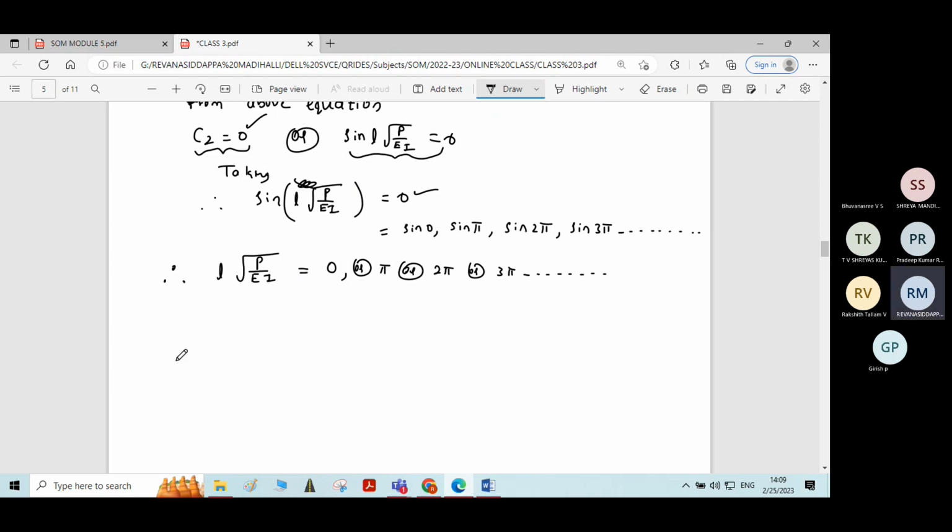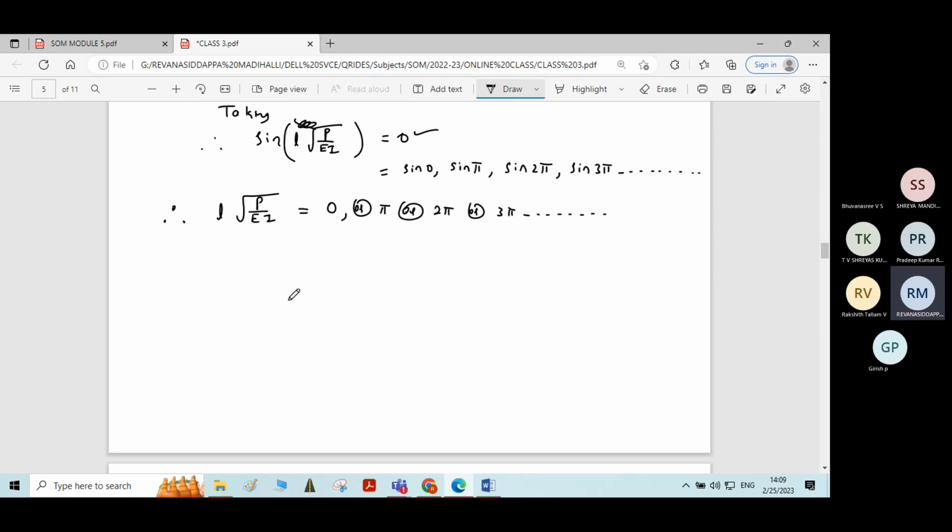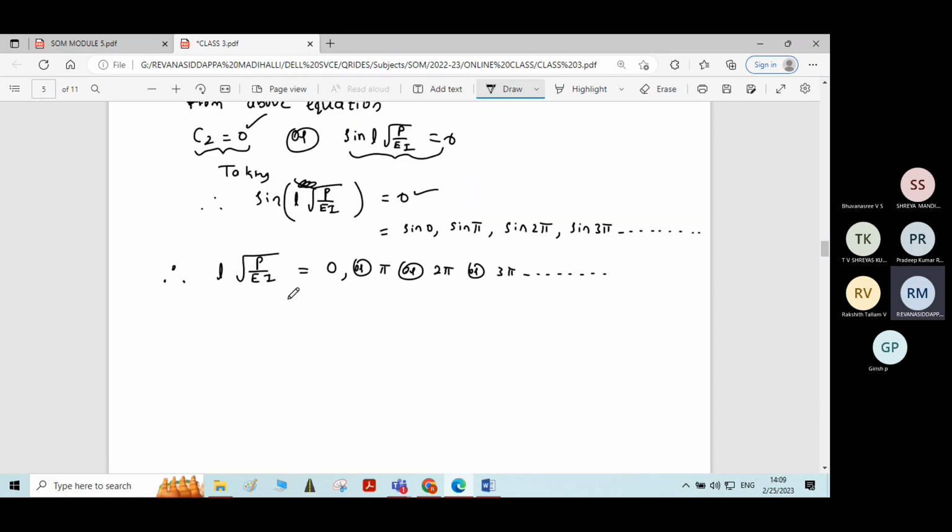Now you need to consider the least practical value. Here we can see, students, L is nothing but the length of the column, P is the crippling load, E is Young's modulus, I is the moment of inertia. You cannot take this 0. It has got some value. We will take the least practical value. Least practical value is nothing but pi. We will take pi as the suitable term for this L root P by EI.